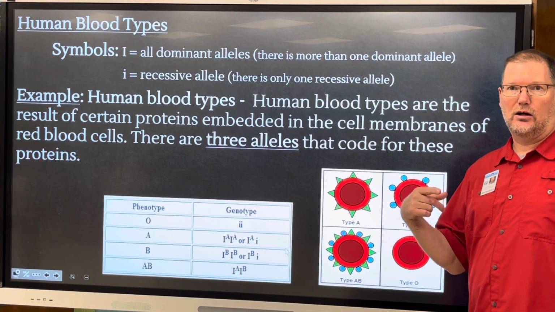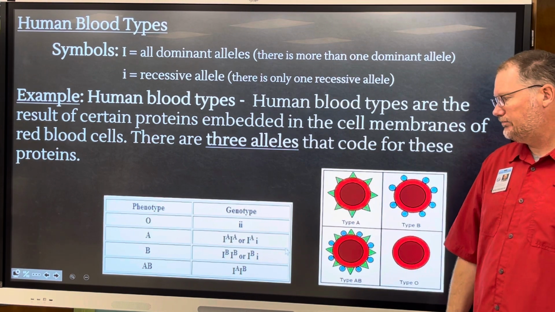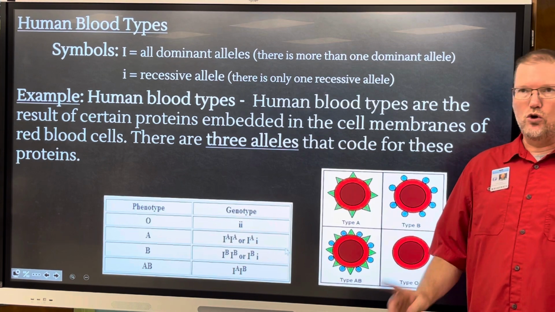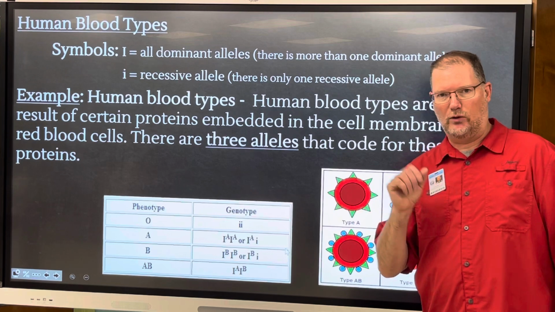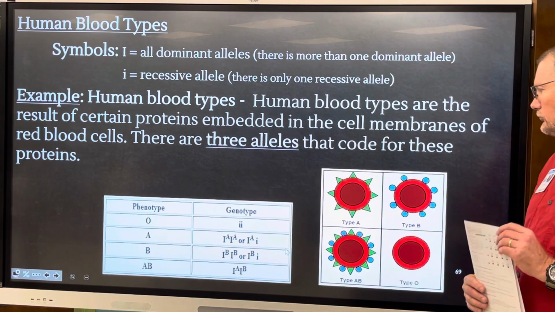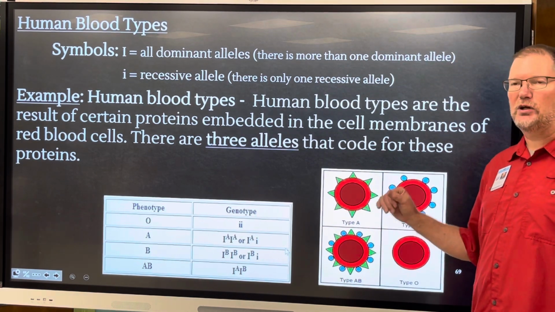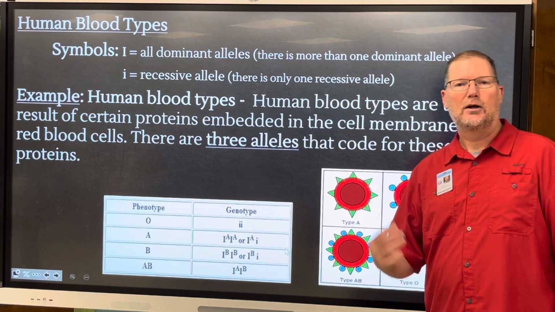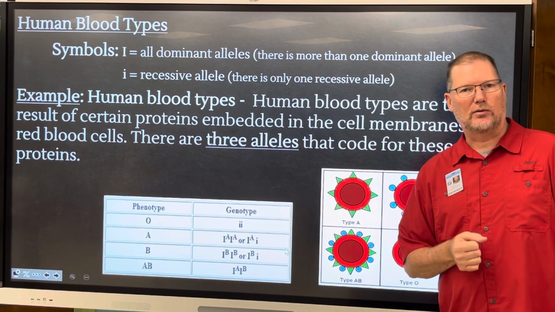to create a Punnett square for these, to see what the offspring's blood types will be. And again, different people's blood type is all based upon the proteins that are embedded in the cell membranes of their red blood cells.